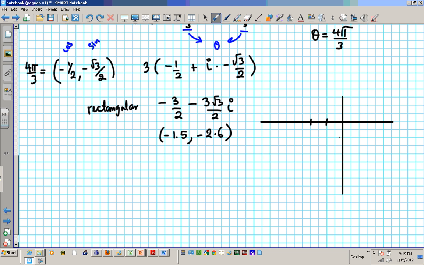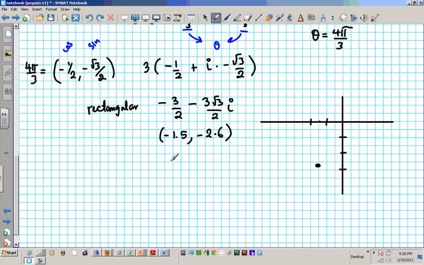And then I'm going to go 1, 2, 3. So 1.5 is right here. And we're going to go down to 2.6, which is somewhere here. All right, so there goes your answer. There goes the graph of this result right here. Okay, negative 1.5 and negative 2.6.